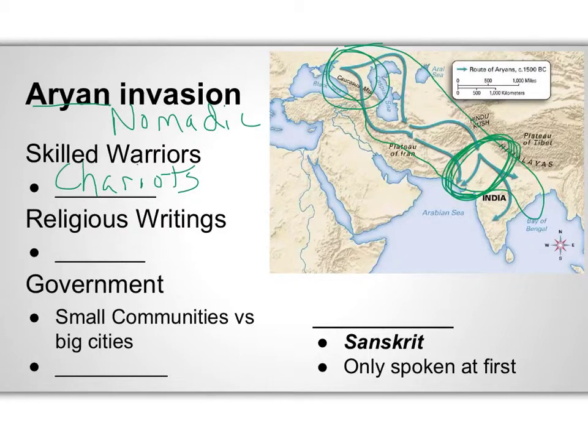So they had advanced weaponry and advanced tactics in war, and that made them pretty formidable. They were able to conquer the Harappan civilization, we think. They also had a different religion, and we'll learn about that later. It's the roots of the Hindu religion in many ways.